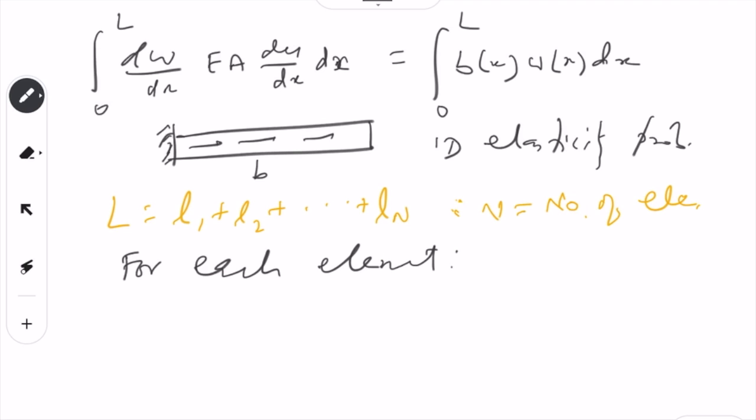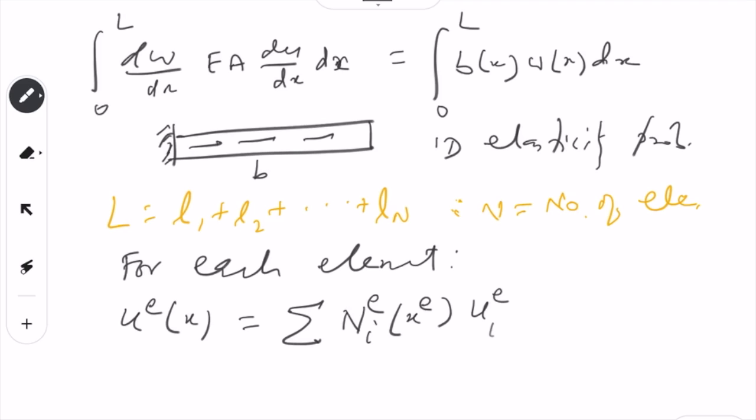We say u^e(x), that is the test function within that element, is a function of N_i^e(x^e) multiplied by u_i^e, with i equal to 1 to the number of nodes, where here the small n is equal to the number of nodes in the element.